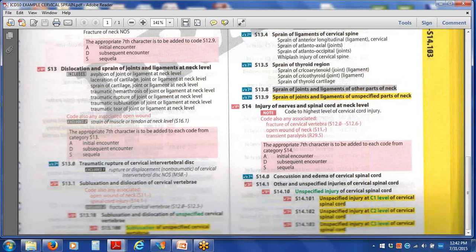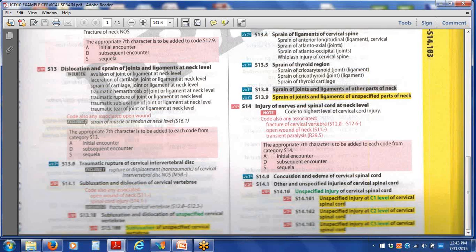It tells you what types of sprains are included in the S13 category. It tells you to code also any associated open wound if applicable, okay?